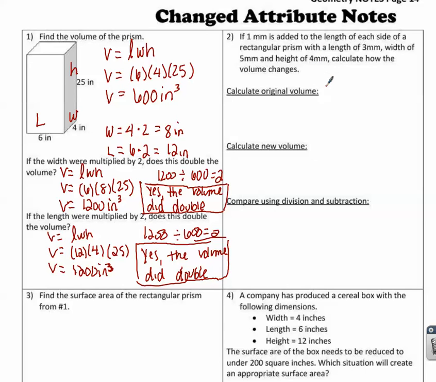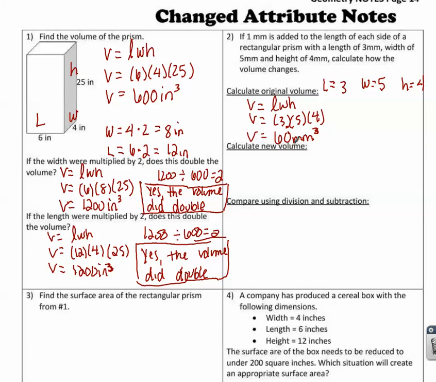So our original volume has a length of 3, a width of 5, and a height of 4. So when I find the volume, it's length times width times height. Plug in your values and get your answer. Multiply this and you get 60 millimeters cubed.